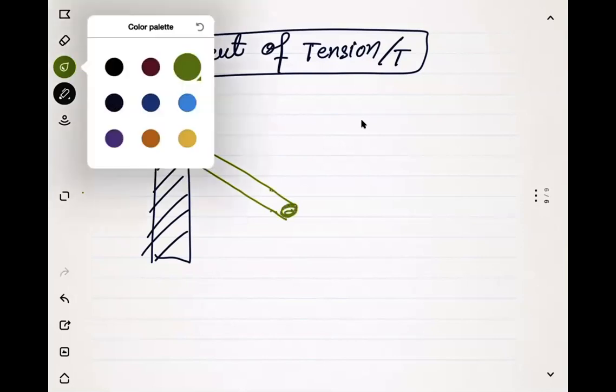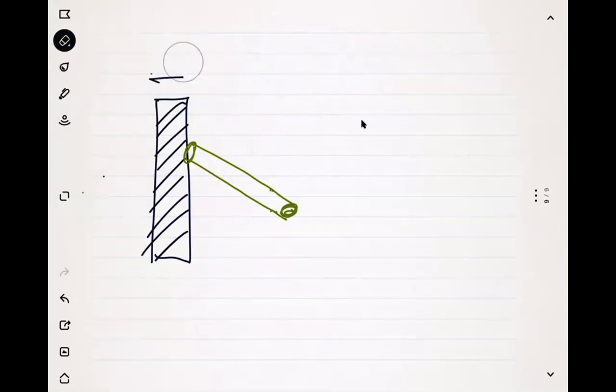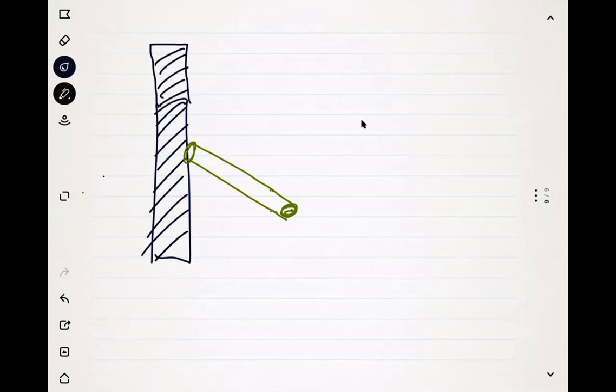The tension is in the rope, and you see the rope is here, and the forces are, one of them is tension, and now we are doing it for tension. So for the moment of the tension, we will resolve the tension.